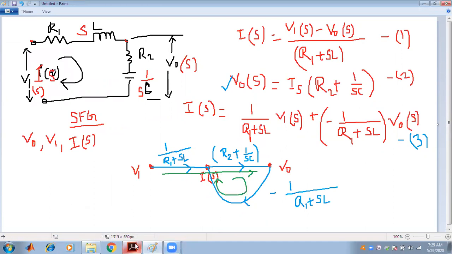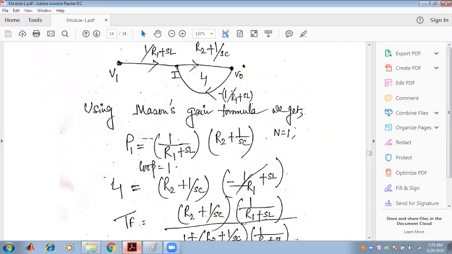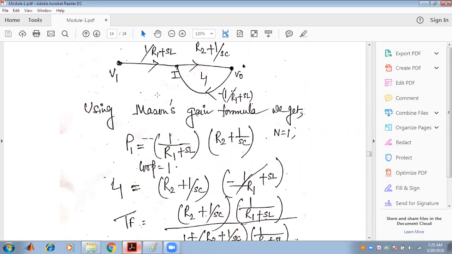So the gain of the loop and the forward path that I have calculated here: the loop is R2 plus 1 by SC into minus 1 by R1 plus SL. If I put the values of the transfer function there, the forward path from V1 to V0 that I have reached is only one, unidirectional, and it is 1 by R1 plus SL into R2 plus 1 by SC, and the loop is R2 plus 1 by SC into minus 1 by R1 plus SL.